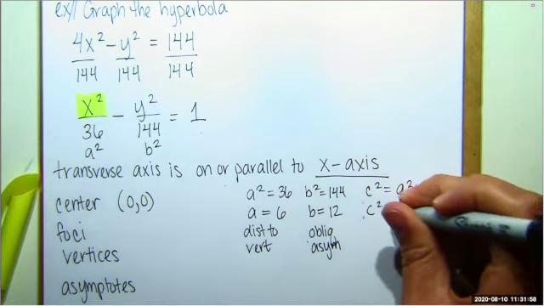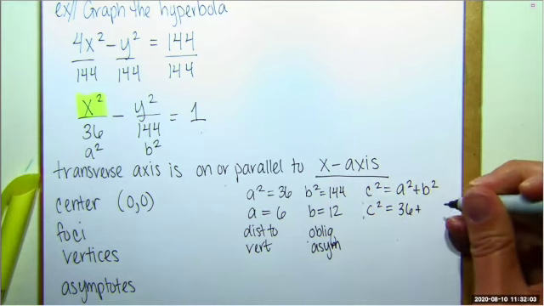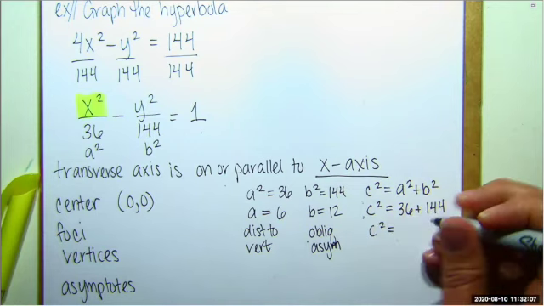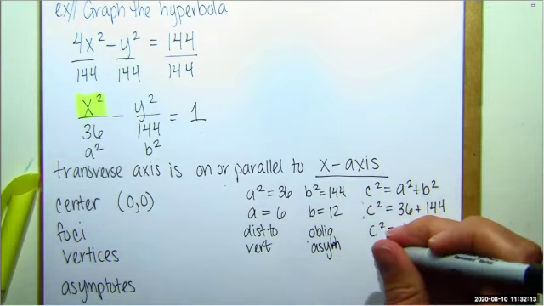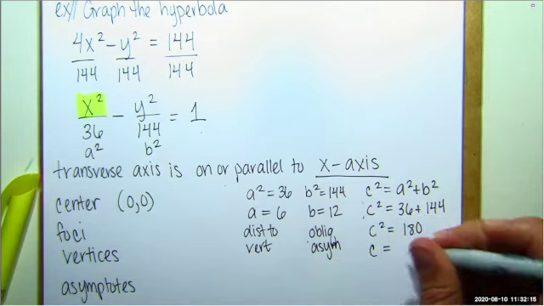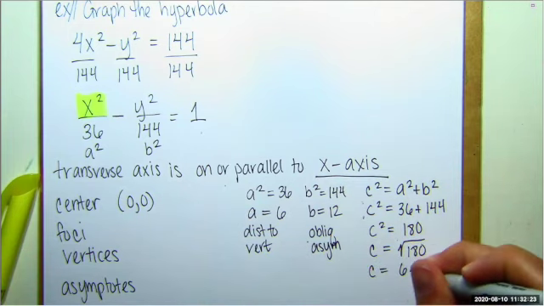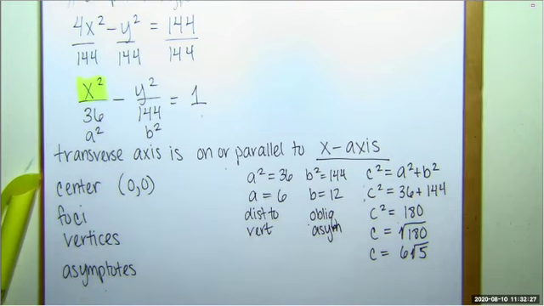So c squared is 36 plus 144, which gives c squared is 180. Oh, I'm sorry, I have one more step here. c is the square root of 180. 180 is 36 times 5, so c is 6 root 5. This is our distance to our foci.